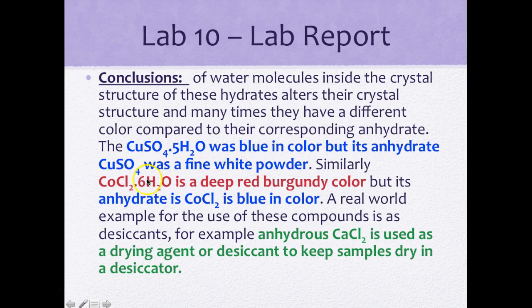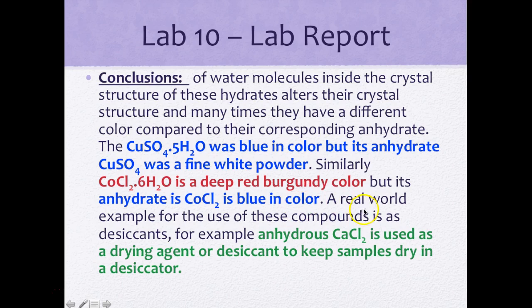Now this is also seen with another compound, cobalt 2 chloride, which has 6 water molecules in its crystal structure and a nice deep burgundy, reddish color, but its anhydrate is blue in color, right? So cobalt 2 chloride minus the water is blue.